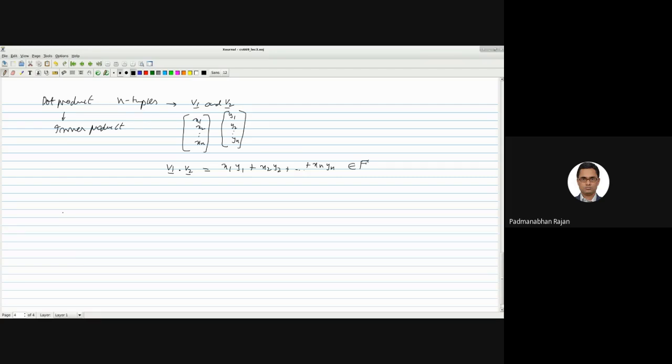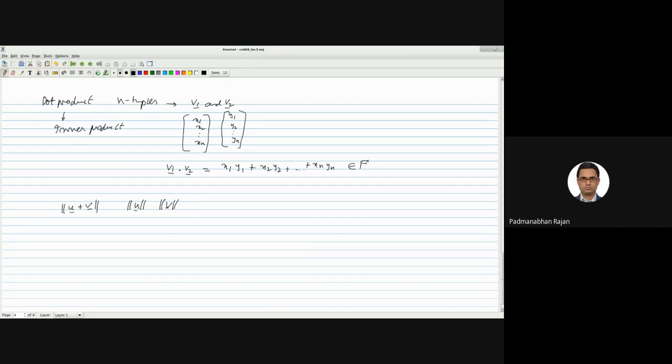So now a commonly used result. What can you say about the norm of u plus v? Suppose u and v are two vectors. What can you say about the norm of u plus v when compared to the norm of u and the norm of v?